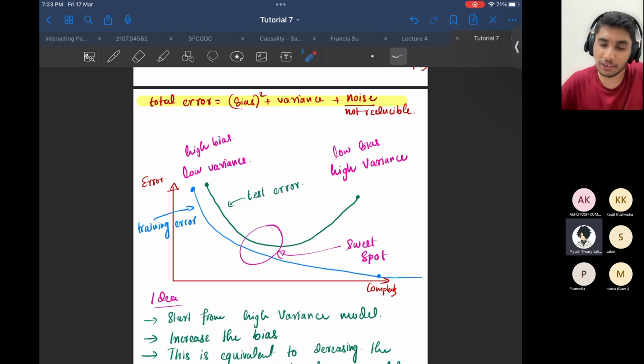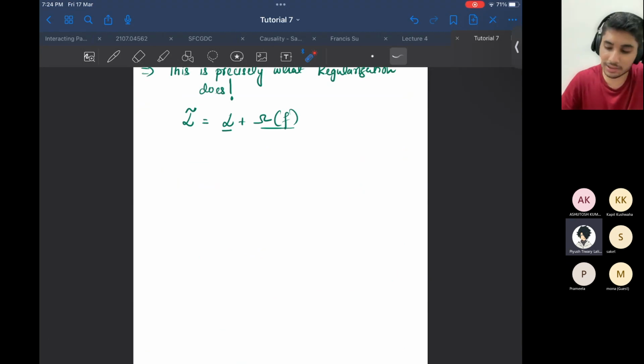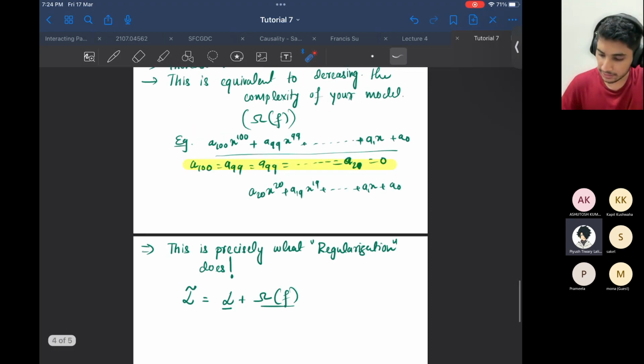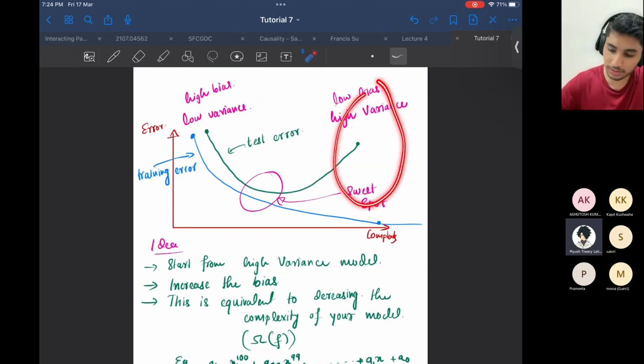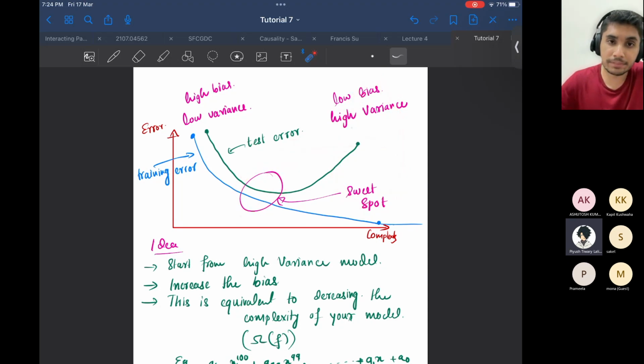Visually it did make sense, but how I understood it was that I have two loss components, I want to minimize both of them, and that is all regularization is. I didn't see it from the point of view that you are starting from a region which has high variance and moving towards a region which has high bias, and hopefully you will hit the sweet spot. Yeah, exactly. It's a cycle, many topics have to be done many times.